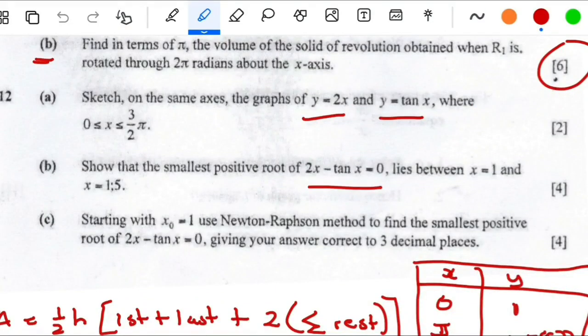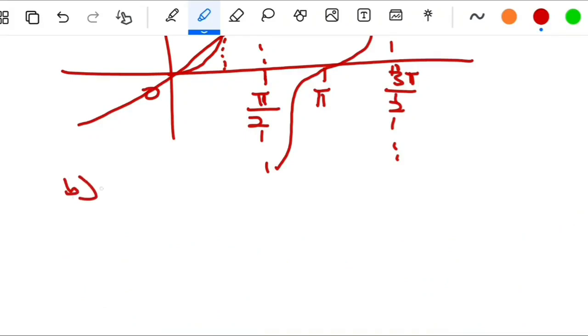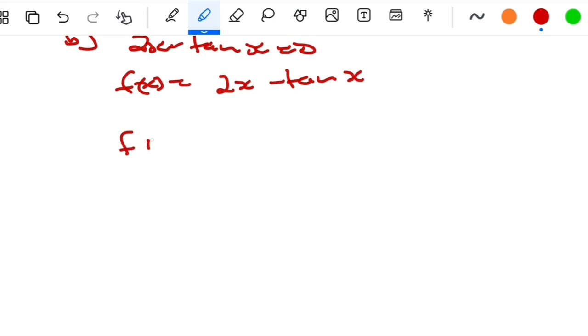B says show that the smallest positive root of 2x minus tan x equals 0 lies between x equals 1 and x equals 1.5. So the way you approach this one is to say f of x equals 2x minus tan x. Then you say f of 1 equals 2, putting 1 there, minus tan 1, is going to give you 0.44.